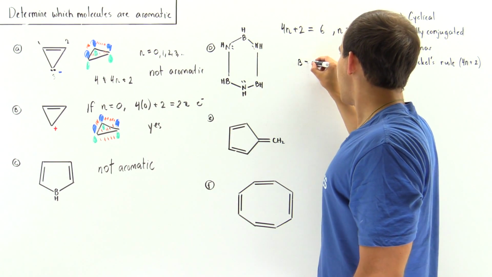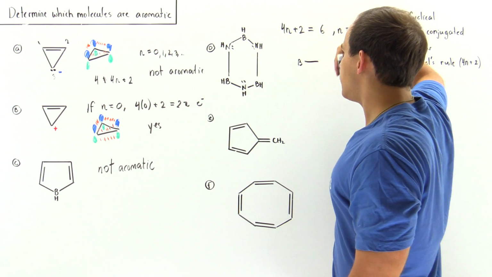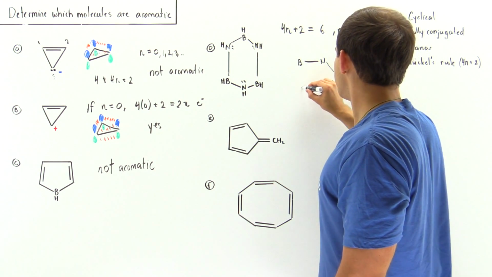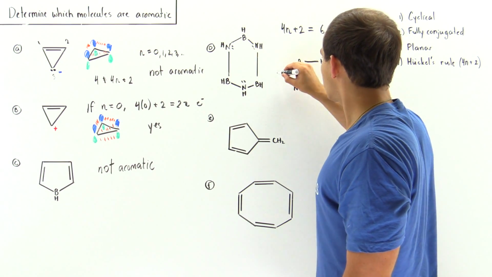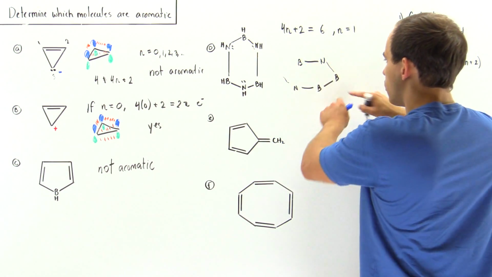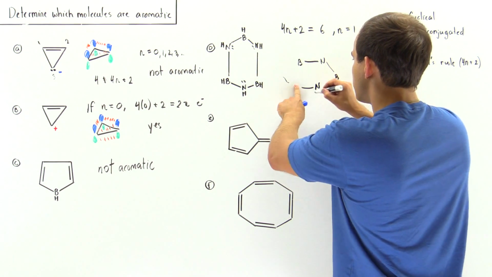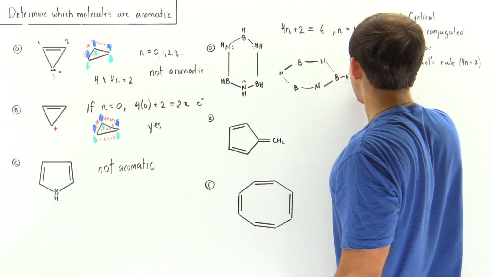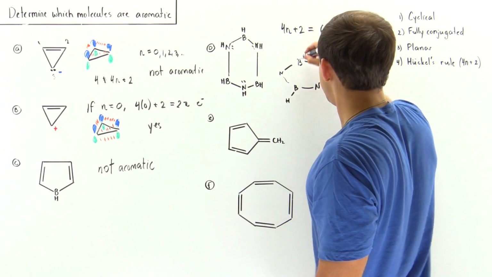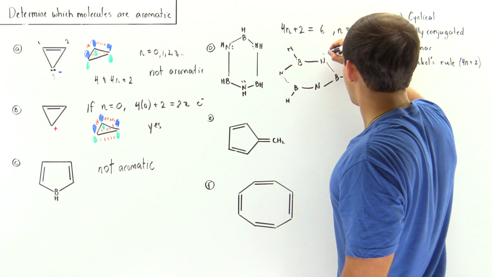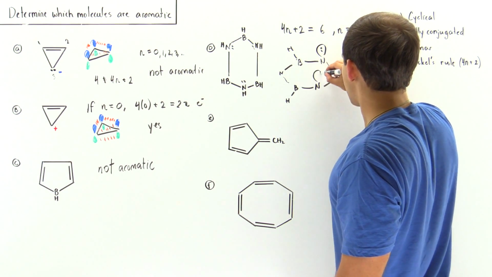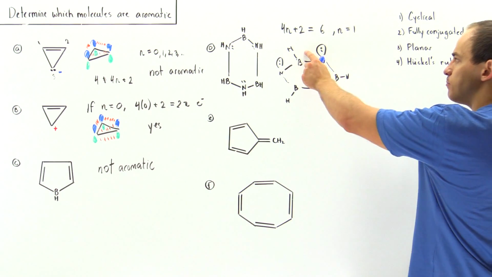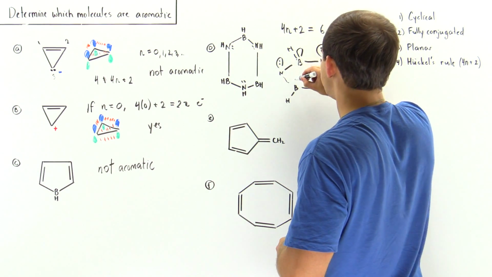So let's draw our molecule. Let's draw the 3-dimensional orbital diagram for our molecule. It looks something like this. So we have boron, nitrogen, boron. This is nitrogen. This is boron. This is nitrogen, this is boron. So we have our H atom here, our H atom here, the H atom there, we have our lobe 2 electrons, our lobe 2 electrons, our lobe 2 electrons, and each one of these borons also contains an empty 2p orbital.